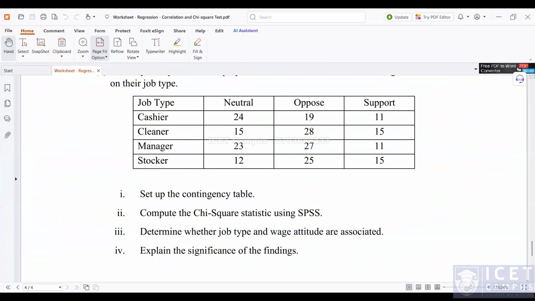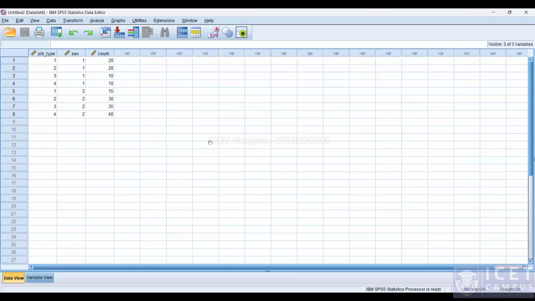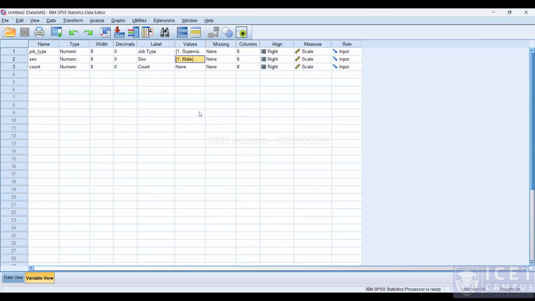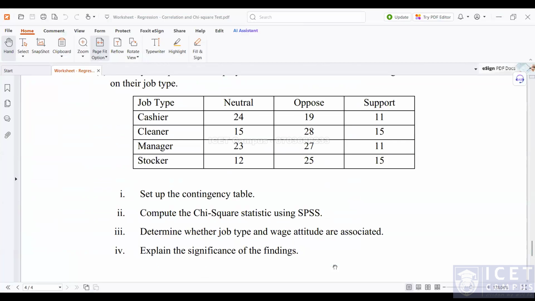The problem is with the counts, that is actually different from this one. Here job one is neutral. Actually, the values are different.